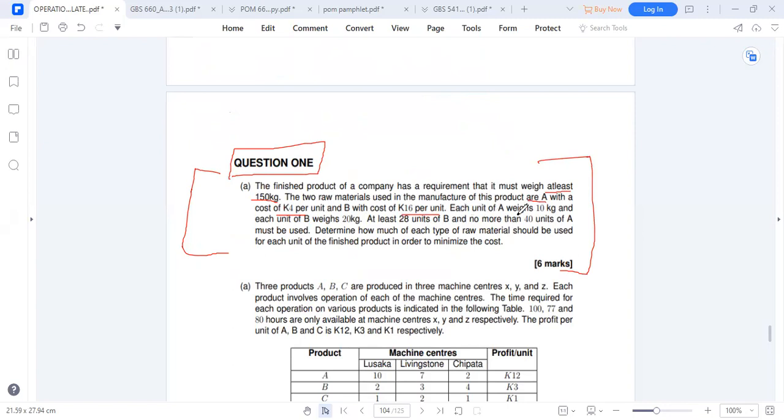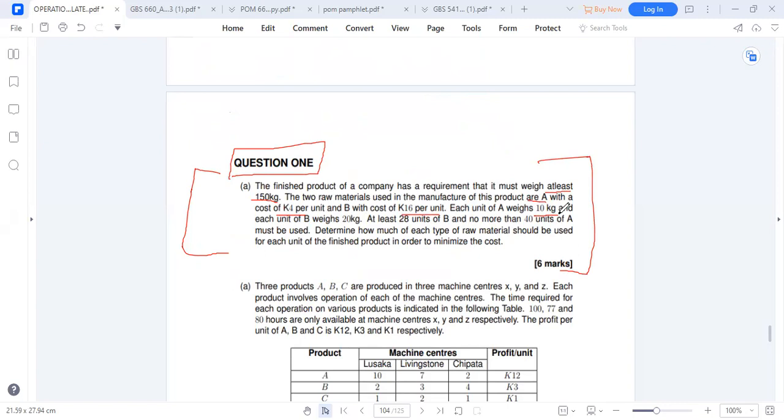Then each unit of A weighs 10 kg. A unit of A is weighing 10 kg. A unit of B weighs 20 kg.